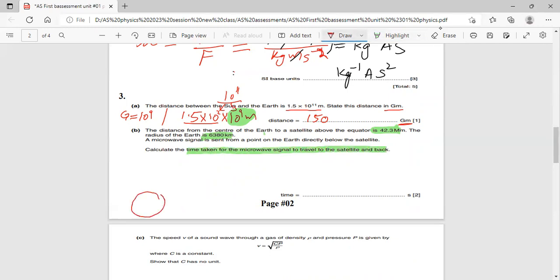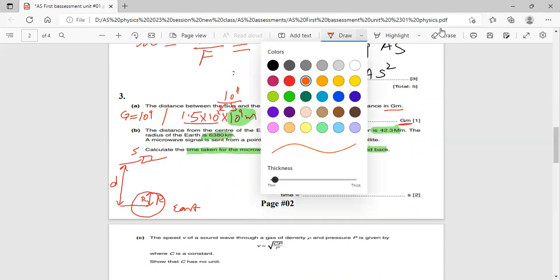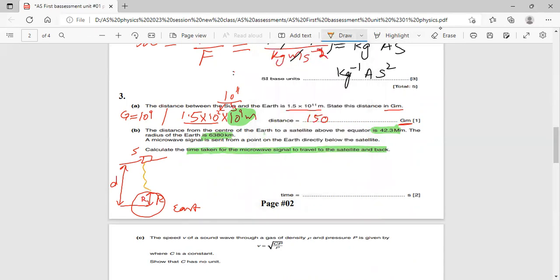So it means that, let's say this is Earth, and its radius is given, and a satellite is here, and then from the satellite to the center of Earth, the distance is given, and then the radius of Earth is also given. So you know this signal will be moving up and then coming down, so how much time does it take.